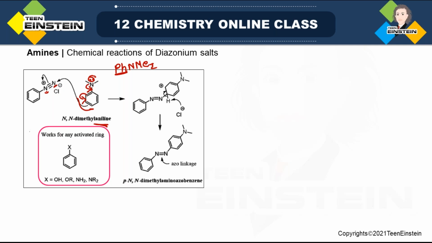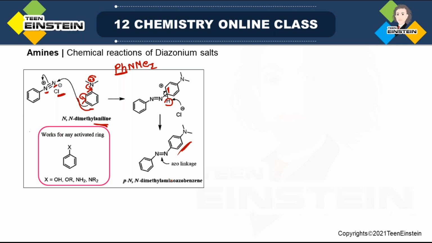But in this step, the aromaticity of N,N-dimethyl aniline is lost. To regain the aromaticity, the counter ion accepts this H. So there will again be formation of a double bond in this position, and now it is again aromatic.